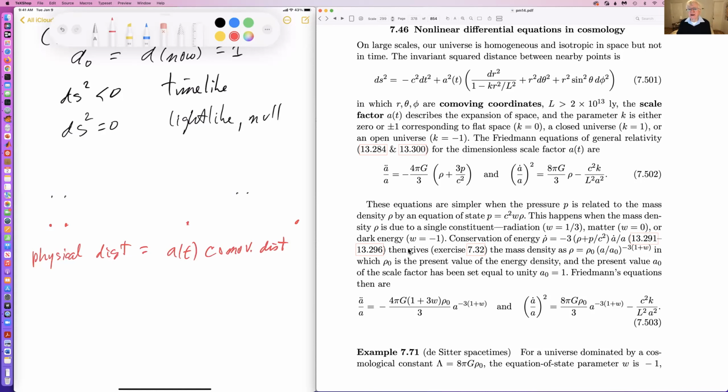And anyway, Friedman wrote the equations for this kind of homogeneous and isotropic universe. He boiled them down to two equations for the scale factor. One is for the acceleration of the scale factor, and the other is for the squared velocity of the scale factor.